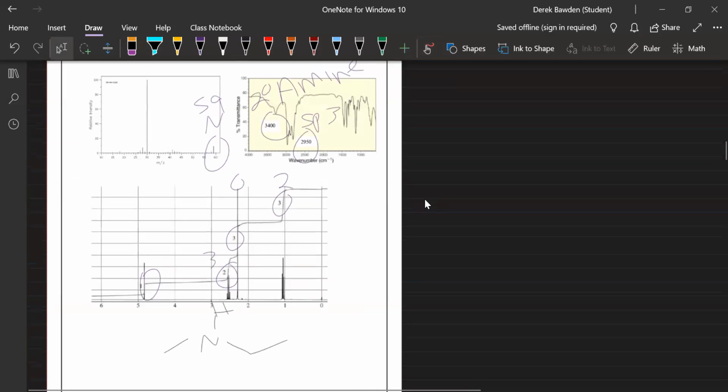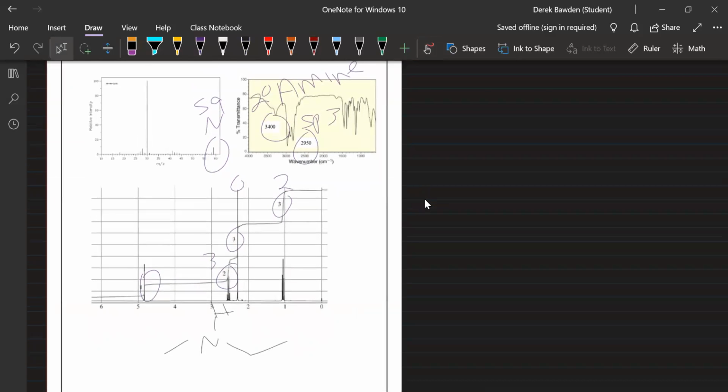Oh, let's make sure that's our mass too. So we got carbons. We have 3 of them, right? So that's going to be 36. We've got nitrogen. Anyone remember how much nitrogen weighs? 14. It's 14. Sorry, I thought 15.